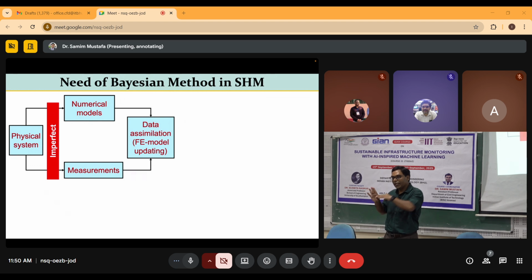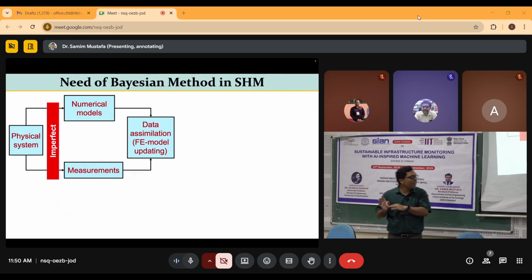So you don't need to trust the design or numerical model, because the numerical model was the initial model based on the design parameters. When the structure is constructed at the site, there could be a lot of changes. So that is your final thing, and all the evaluation should be based on that only.